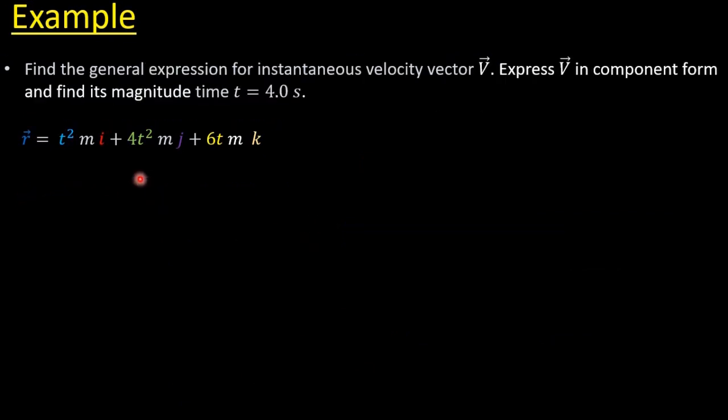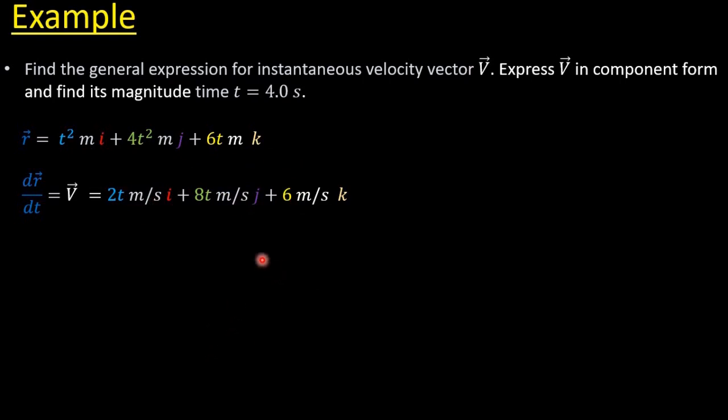So there was our function there. So find the general expression for the instantaneous velocity vector v, and express v in component form, and find its magnitude when t equals 4 seconds. So the general expression for the instantaneous velocity vector, so we know dr/dt is going to give us v, so we just differentiate this lot, so we get 2t meters per second in the i direction, and then 8t meters per second in the j direction, 6 meters per second in the k direction.